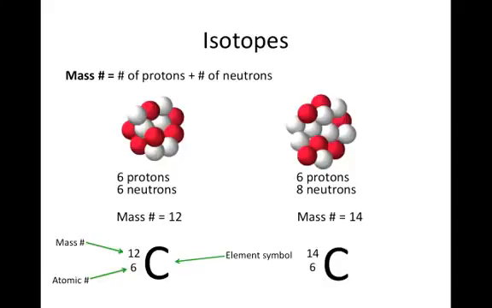We see that the mass number of the atom on the left is 12, while the mass number on the atom on the right is 14. Otherwise, the atomic numbers are the same because both atoms contain the same number of protons, and the element symbols are the same because the identity of the element is determined by the number of protons.